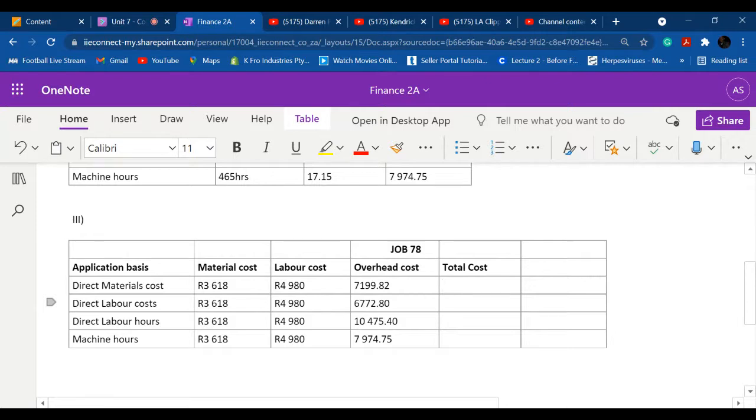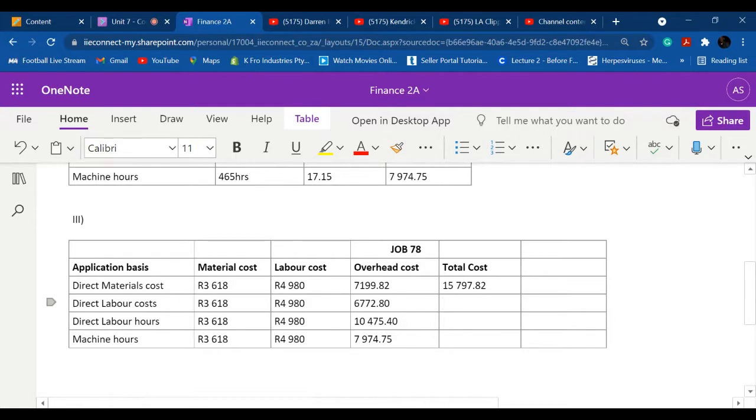That gives us 8,598. Okay, so just remember that number, 8,598 plus 7,199.82. Okay, I'm getting here 15,797.82.